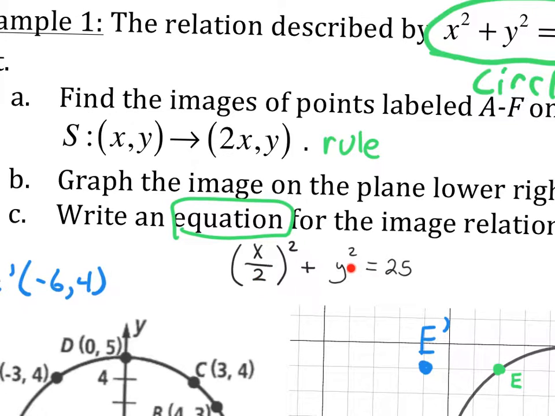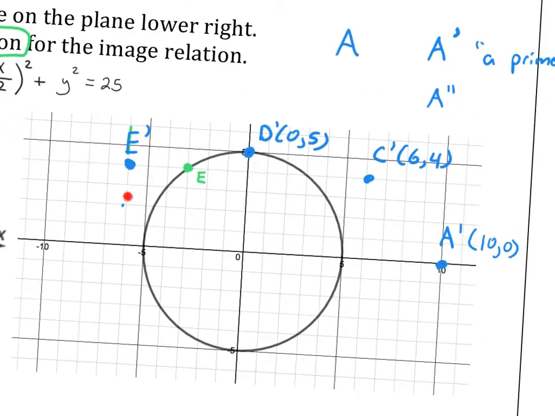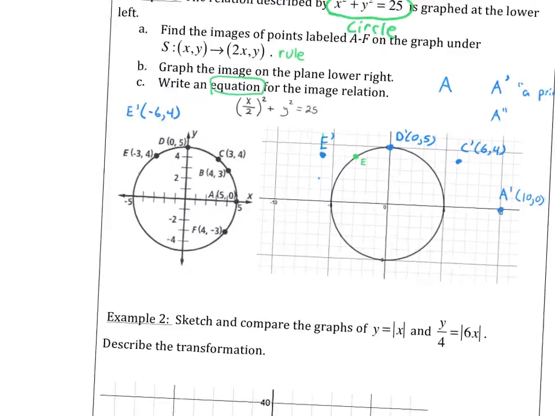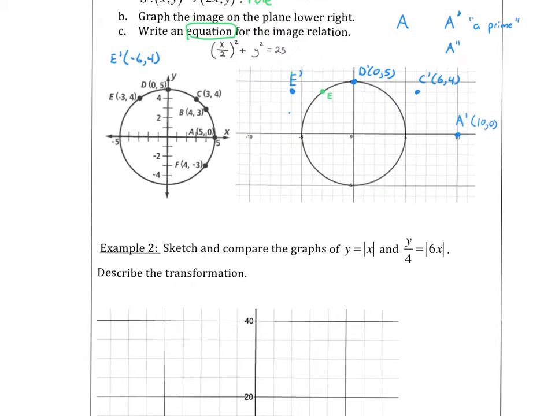But if I also wanted to shift the whole thing up 2, I could minus 2 inside there. And so this whole thing would simply, instead of being here, I would just move it up to there. So rule versus equation, that's a huge difference there.